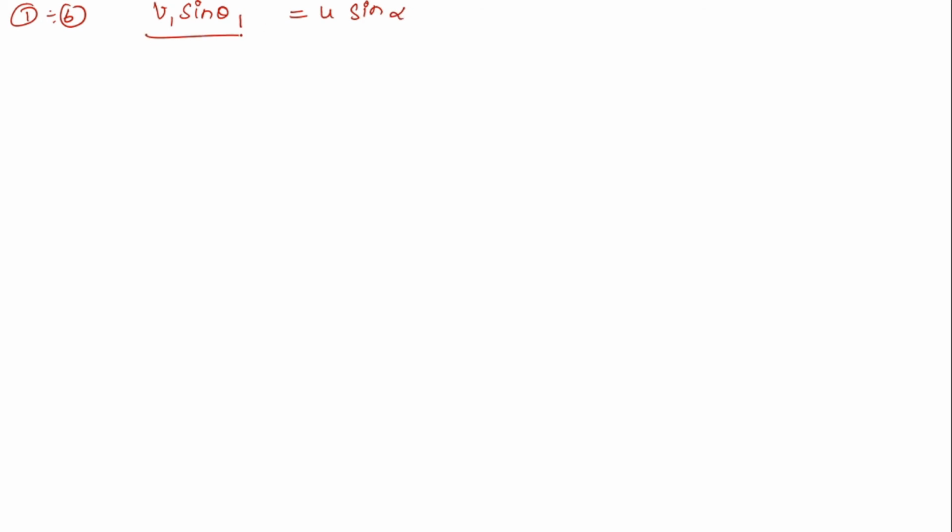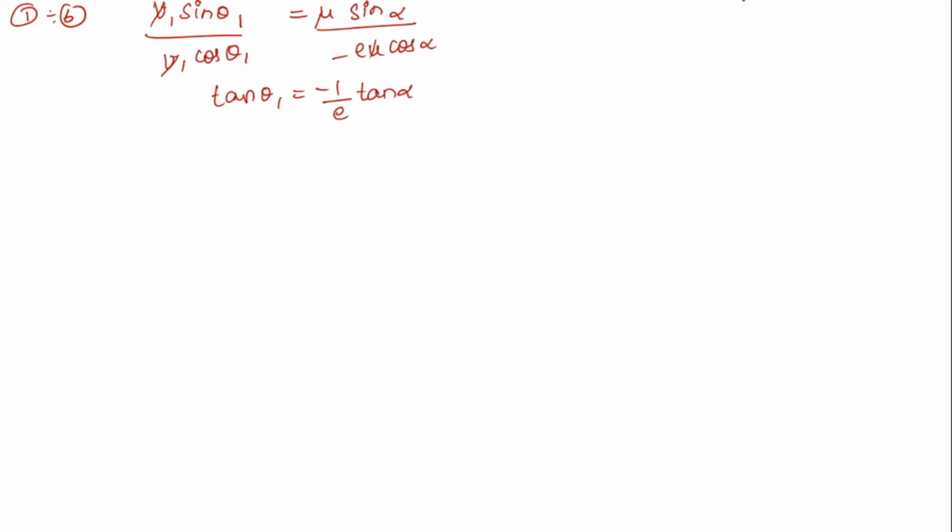Okay, and the sixth equation is v1 cos theta 1, and that is equal to minus eu cos alpha. So u and u will get cancelled, v1 and v1 will get cancelled, sin theta 1 by cos theta 1 will be tan theta 1, which is equal to minus 1 by e tan alpha, right?